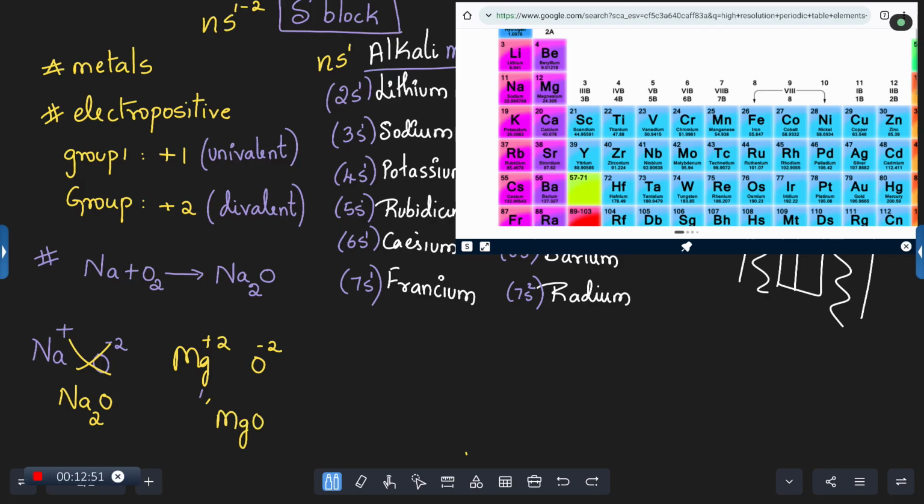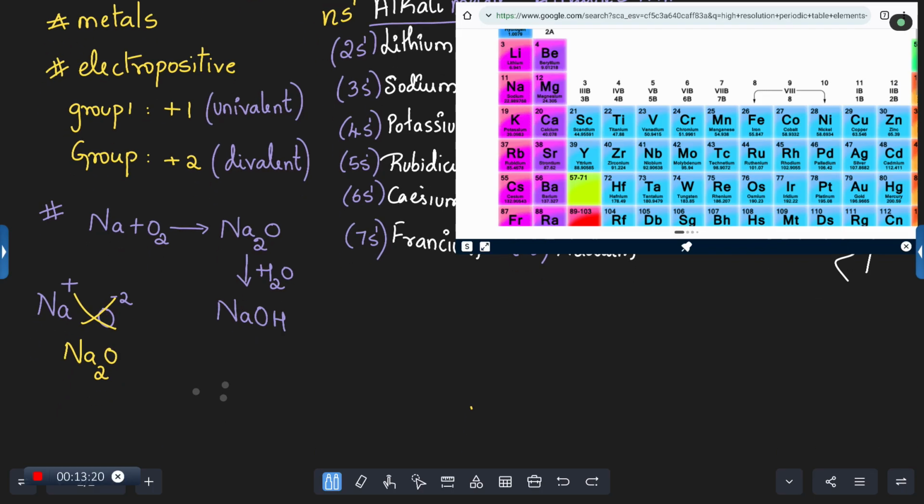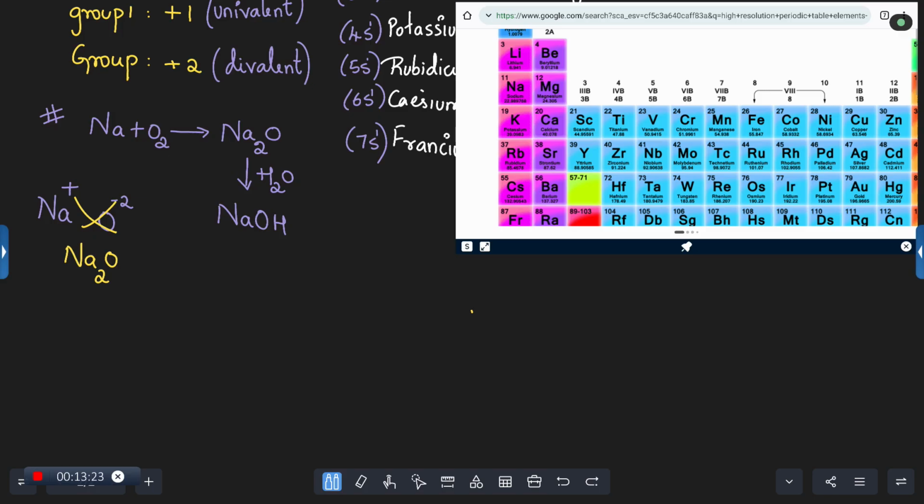Why MgO? Common terms you cancel them out, right? And you write them like this. So now, metal reacts with oxygen to form metal oxide. And if I add this metal oxide into water, what will it form? Metal oxides in the presence of water form metal hydroxides, NaOH. So what is the nature of NaOH? Acidic or basic? It is basic in nature.